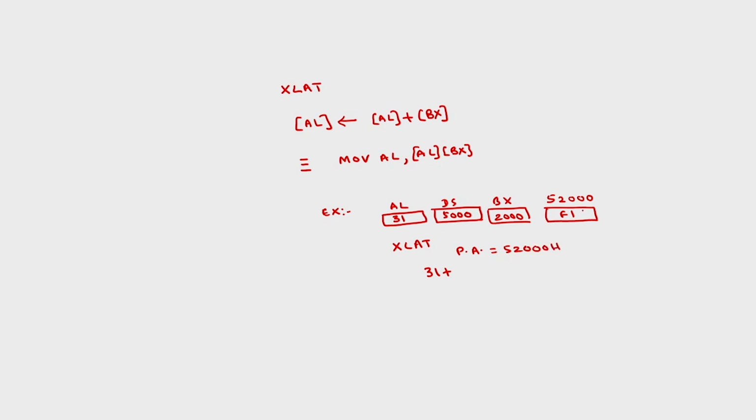The contents of 52000 is F1. So BX means this is the address, and within that address some data will be there. So what will be this? F plus 3, F plus 1 is 10, 11, 12. So 12, 2F.